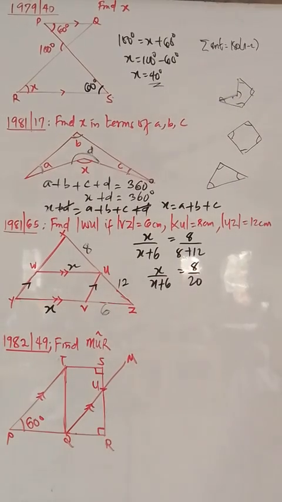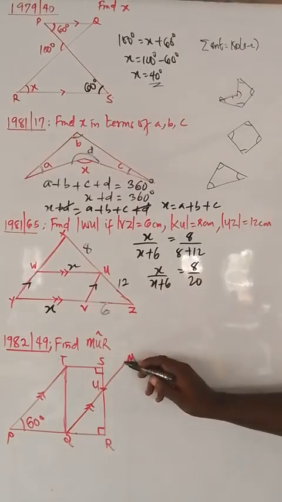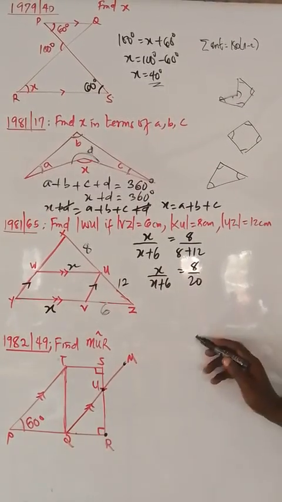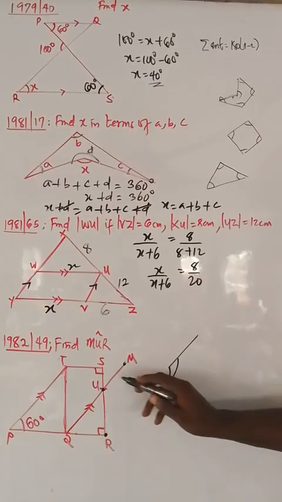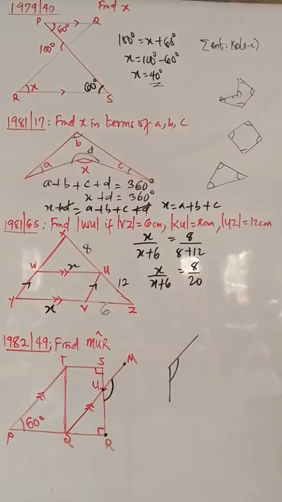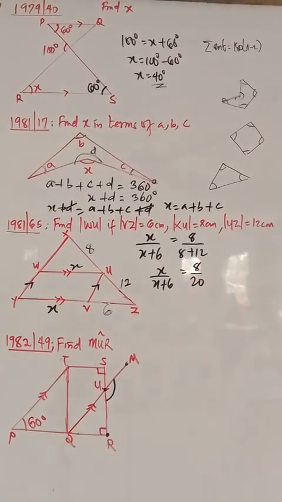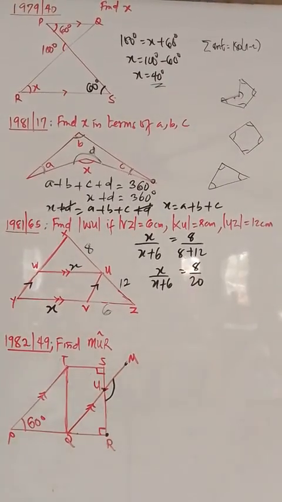For the next, we are told to look for angle MUR, this angle. That is what we are looking for. So this is a rectangle. Now, look at this.